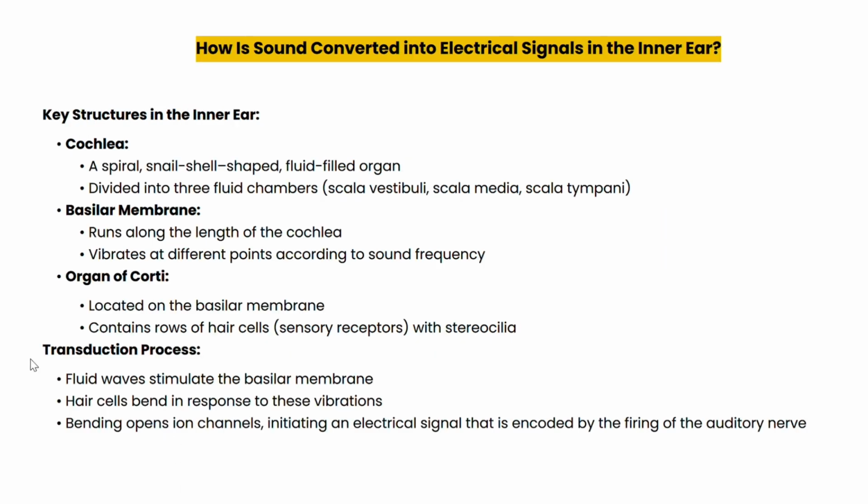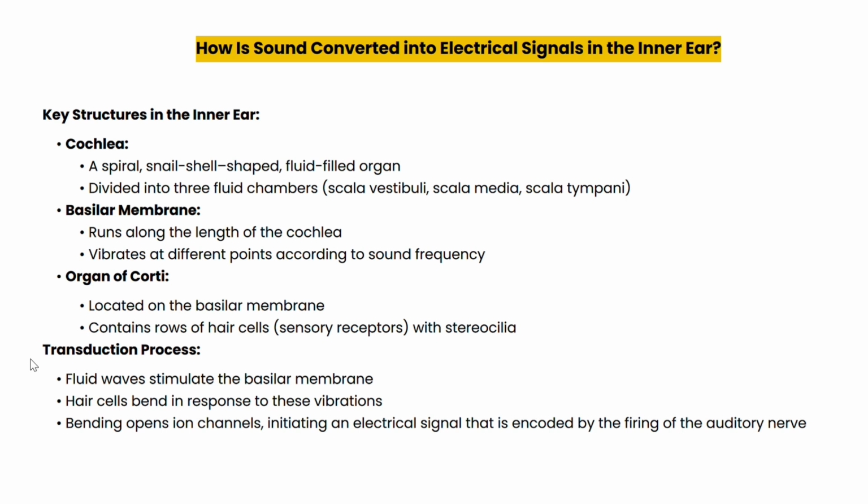Now, how is sound converted into electrical signals in the inner ear? So, once the amplified vibrations reach the inner ear, the process of converting mechanical energy into electrical signals begins. The inner ear houses the cochlea, a beautiful, complex, spiral-shaped organ which is filled with fluid.